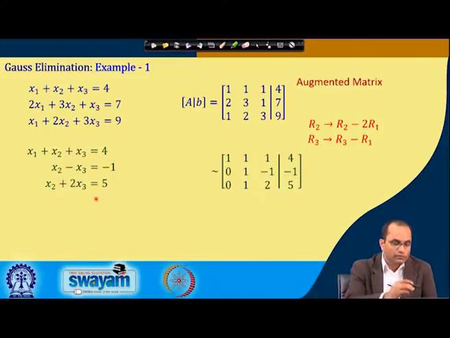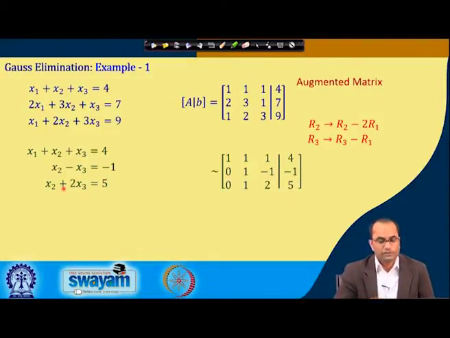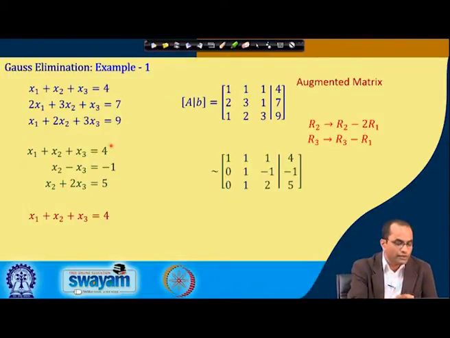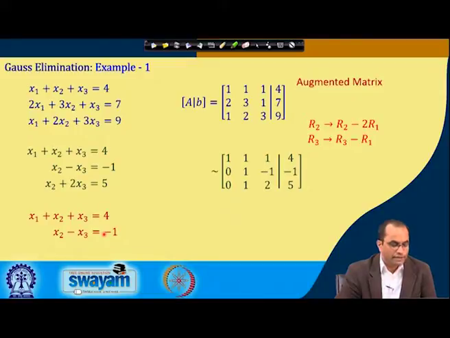And now, the next one, as I said before, with the help of equation 2, we will eliminate x 2 from equation number 3. So, we have the first equation x 1, x 2, x 3 is equal to 4. We have the second equation, we will not touch, x 2 minus x 3 is equal to minus 1. And now, we will eliminate this x 2 from equation number 3.